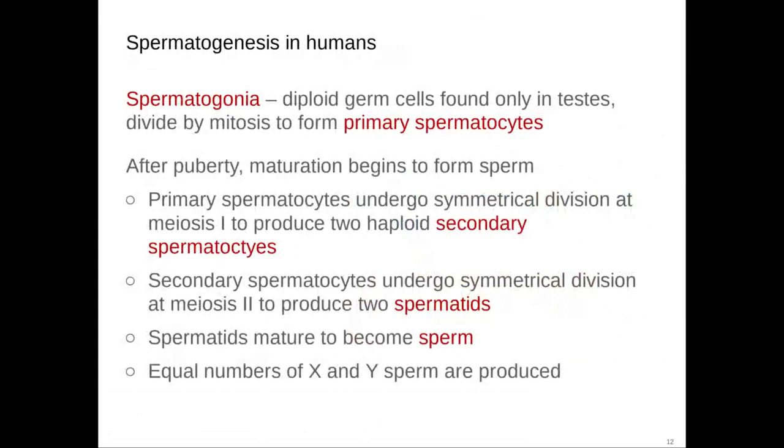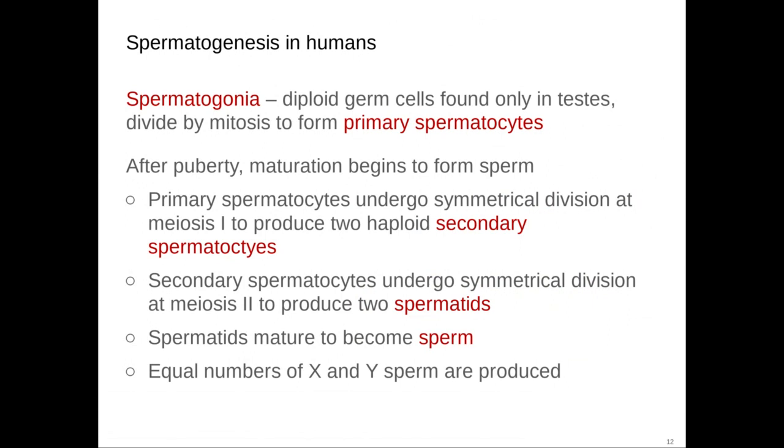Spermatogonia, this is where we produce sperm, so it's found only in the testicles. Similar to the production of eggs, diploid germ cells divide by mitosis to form primary spermatocytes. After puberty, the maturation begins to form sperm. Now, unlike females, there's no extended arrest at a period.